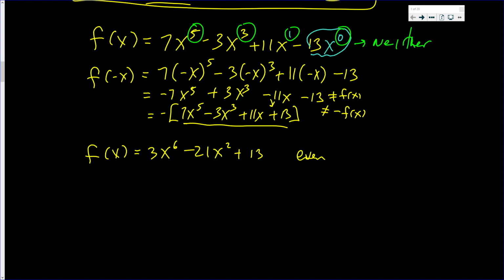And the reason is that, for one thing, 13 is 13x to the 0, and all the exponents are even. 6 is 2 times 3, 2 is 2 times 1, and 0, of course, is 2 times 0. All the exponents are on the 2 table. They are even.